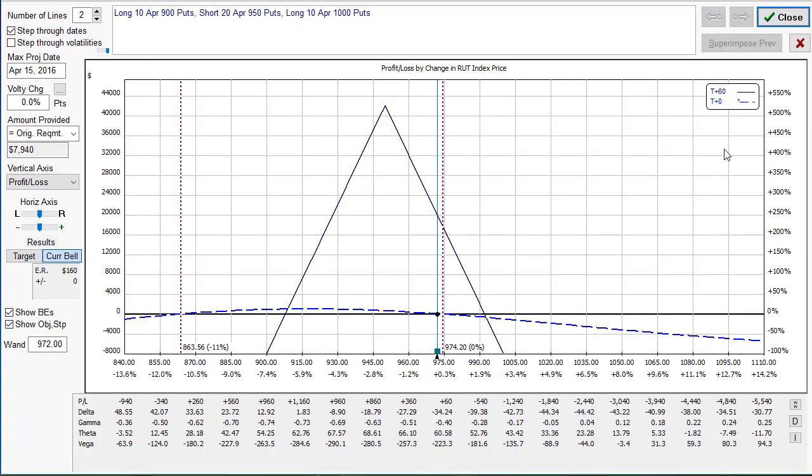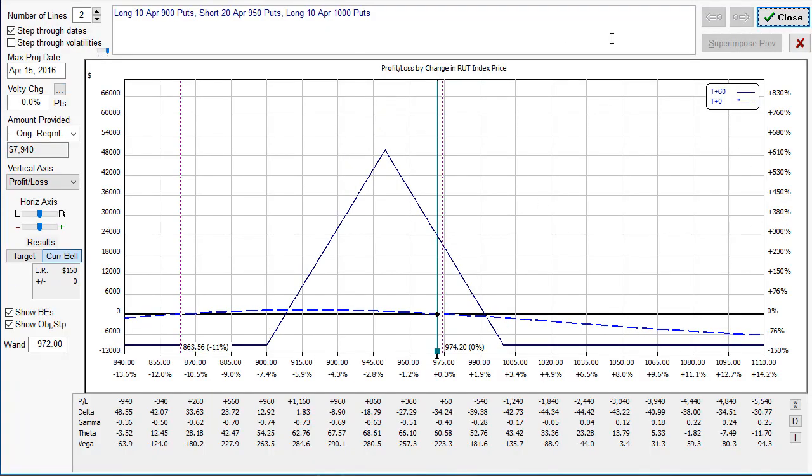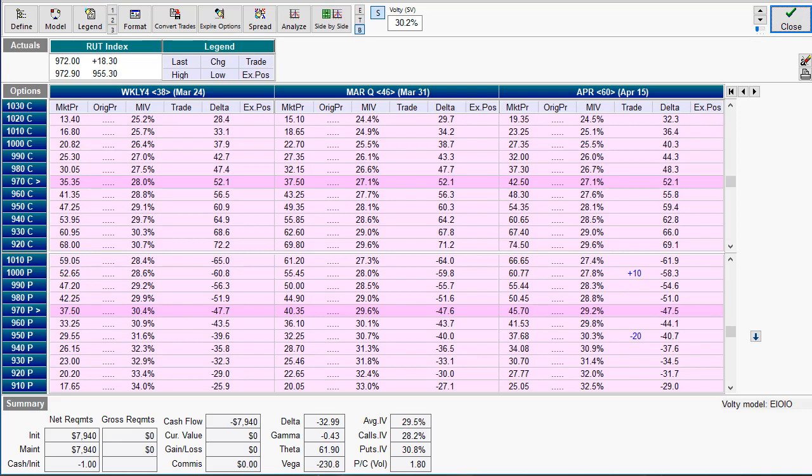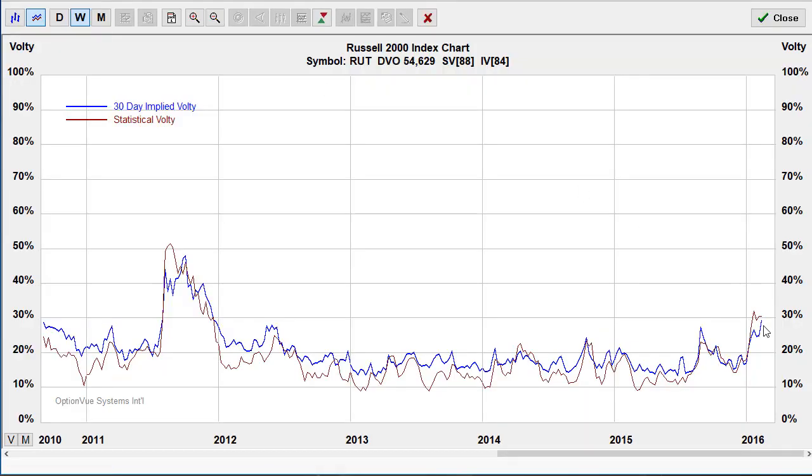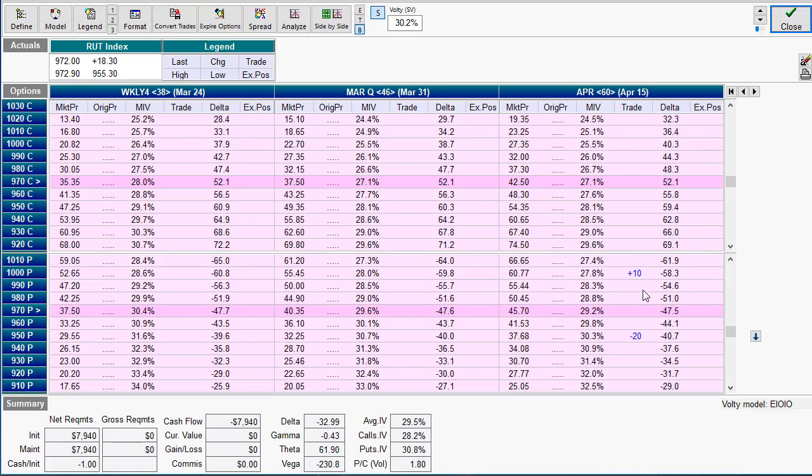What I want you to notice is when you are in a higher volatility environment, like we are at this particular time period at the beginning of 2016, it makes these butterflies much more inexpensive, and therefore we have a lot less benefit from the negative delta setup.